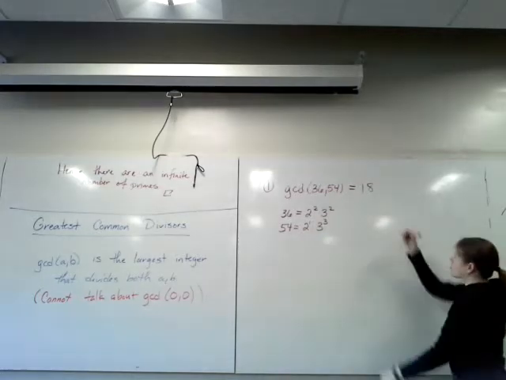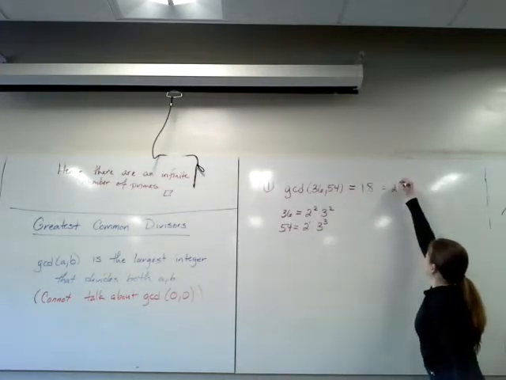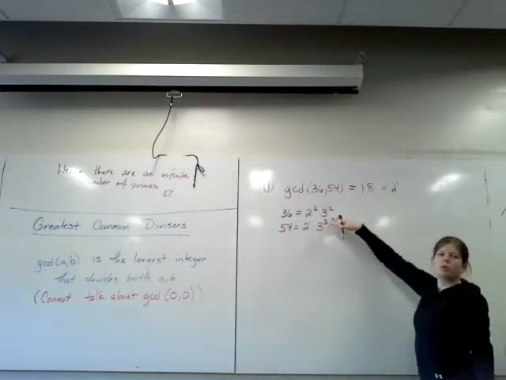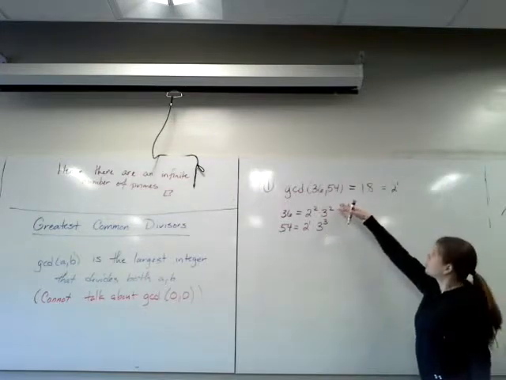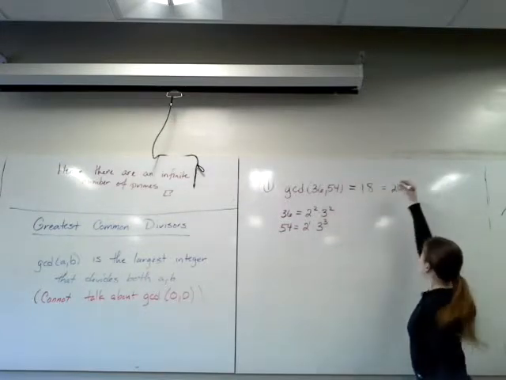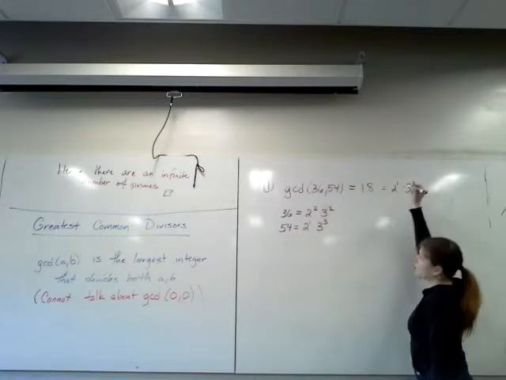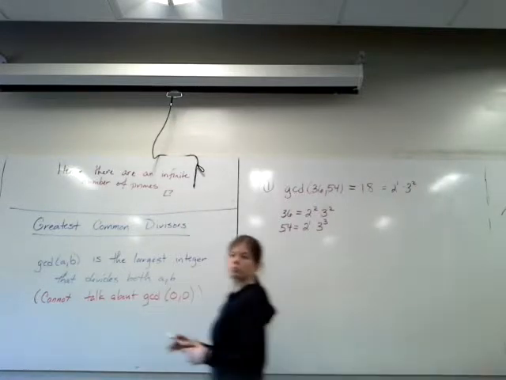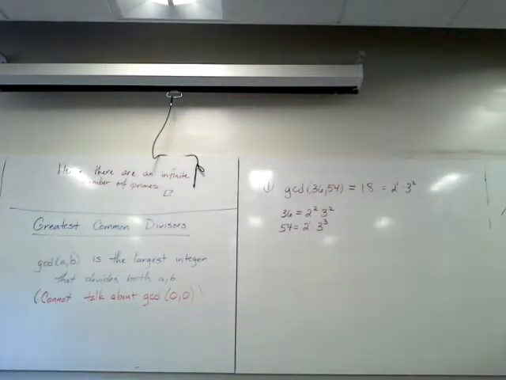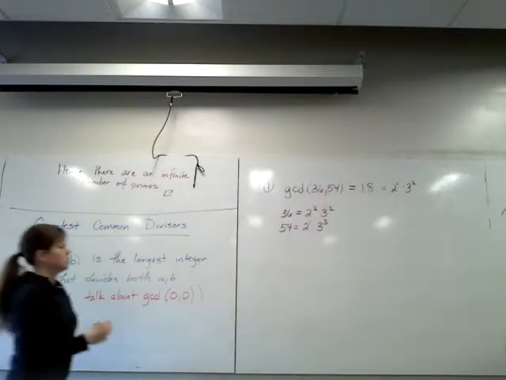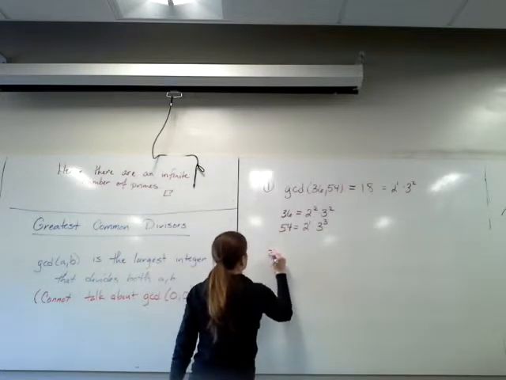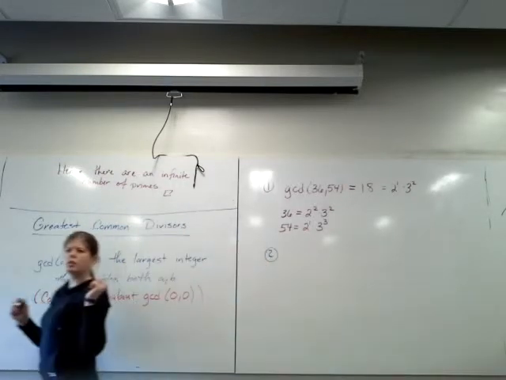So there's a 2 to the first common to both. And then same thing, they both have a factor of 3 in common. Well, how many? Go by the lower exponent. That's 2. And that gives us our 18. So that's one way we can always do this. Questions on that?